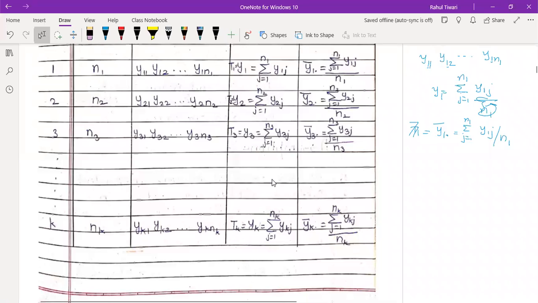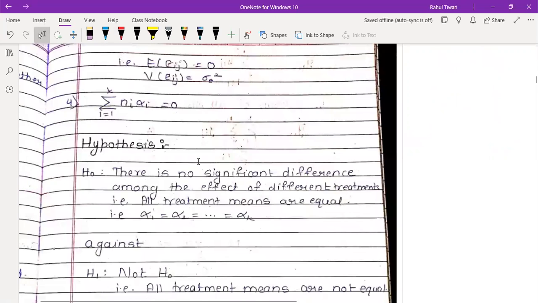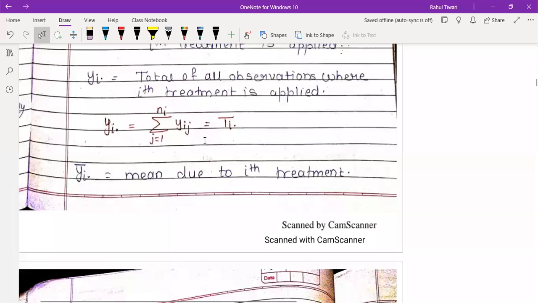You have to make a little change: put your dots everywhere. So Yi dot means when I apply the ith treatment, I will get the total of all observations, with j running from 1 to ni, which is also known as Ti dot.